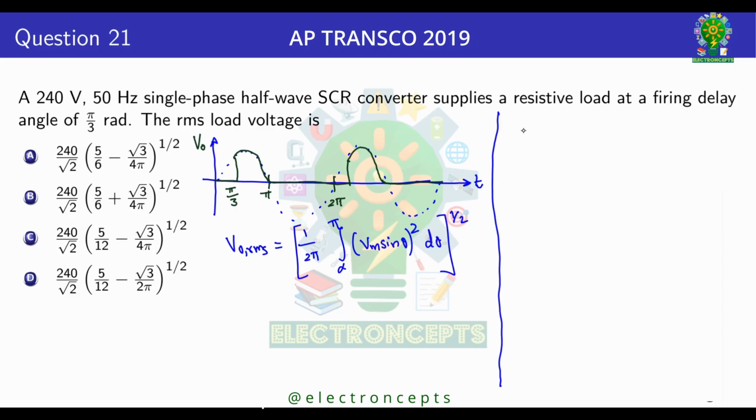Let us first calculate the integral of alpha to pi sin square theta d theta, which is equal to integral alpha to pi.